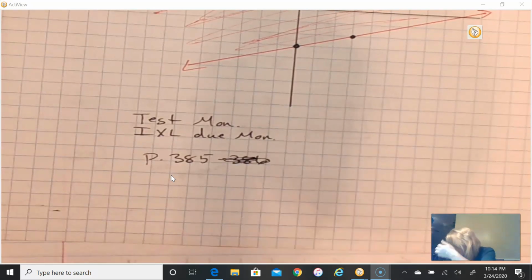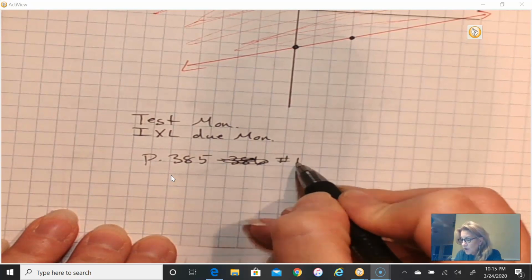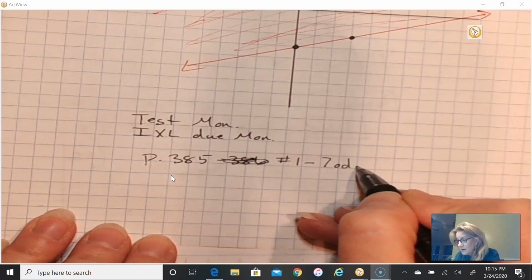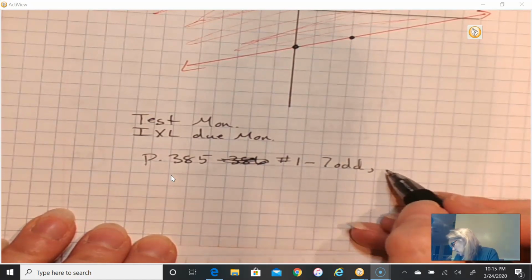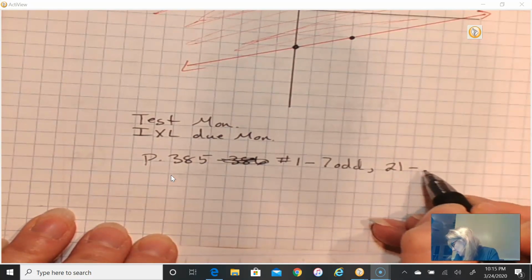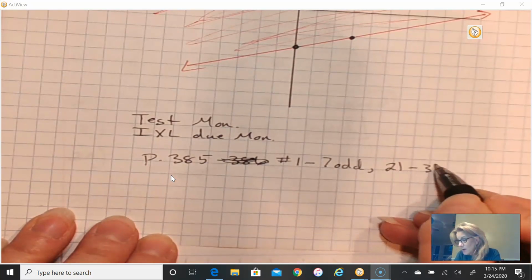Numbers 1 through 7 odd, and then 21 through 31 odd.